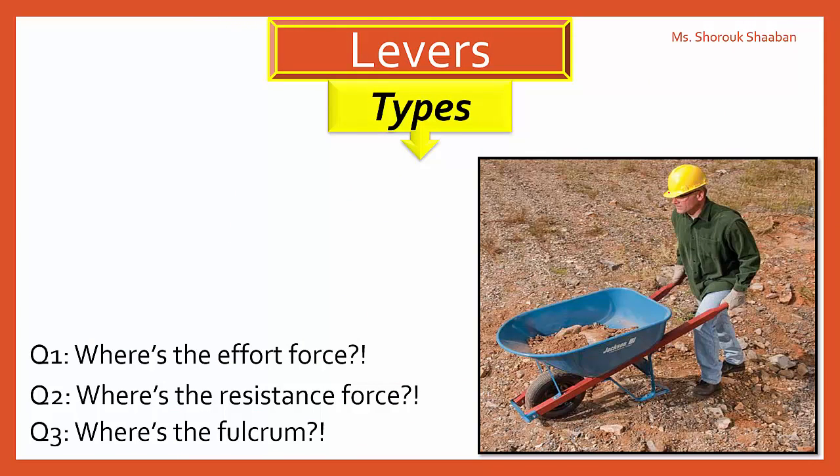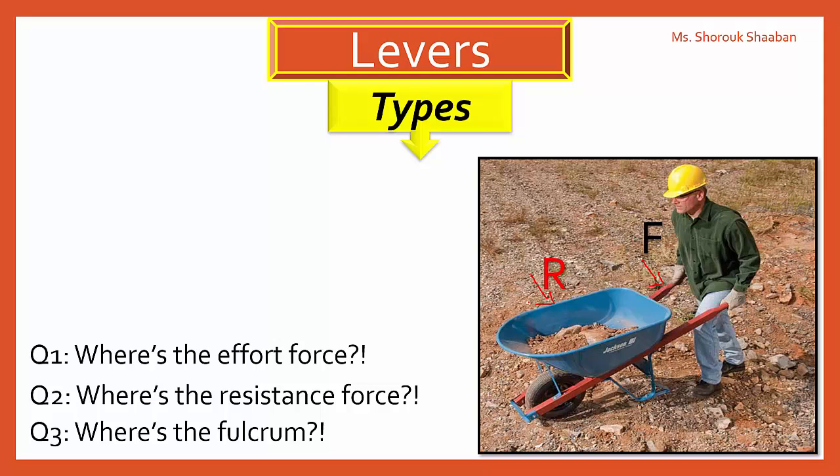Where is the effort force here in the wheelbarrow? Where is my hand? Here. So this is effort force. Where is the resistance force? Where is the object that I'm working on? Here. So this is resistance force. Where is the fulcrum?